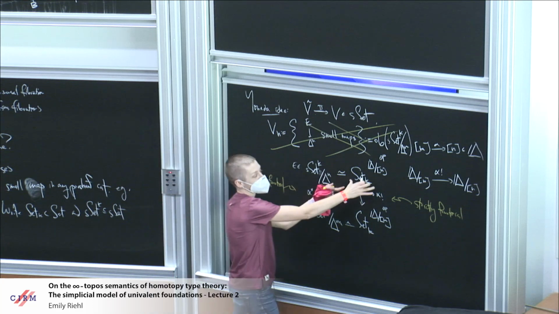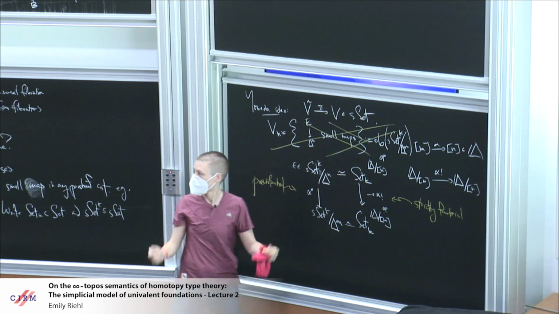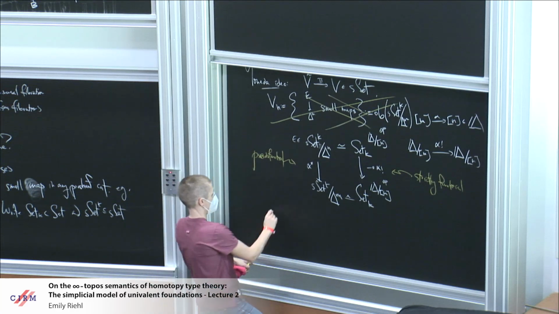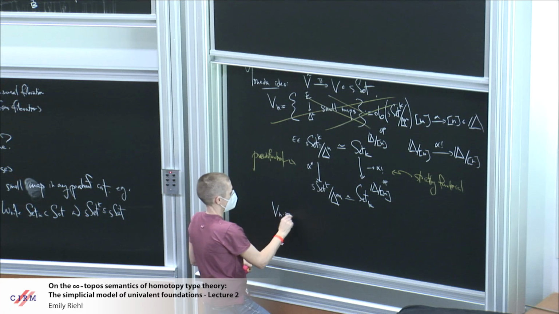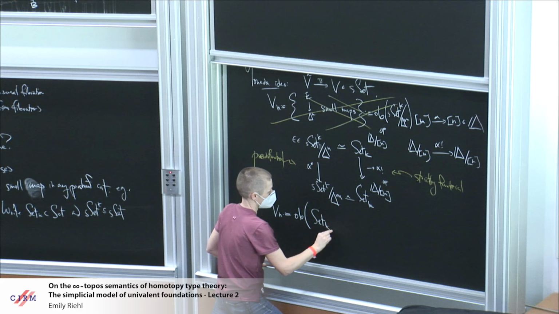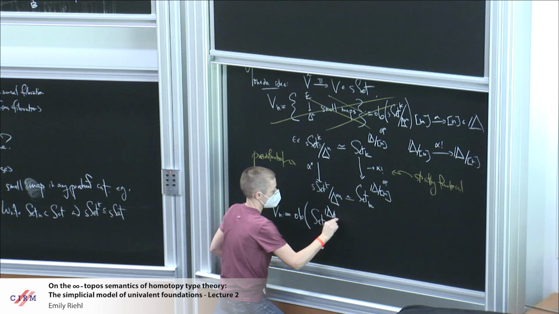However, if we pass across this equivalent category, that will be the right thing. So instead, I'm going to define V_n to be the objects in this category of small presheaves on Delta over n.